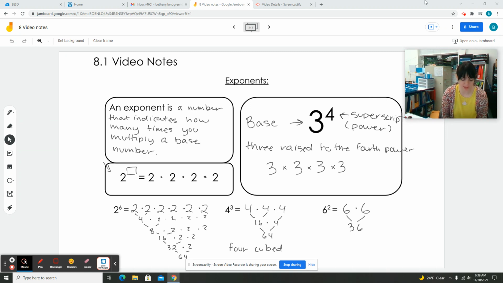So this would be 6 squared. So 6 squared equals 36. If the base number is 4, it would be 4 squared, which 4 times 4 is 16.